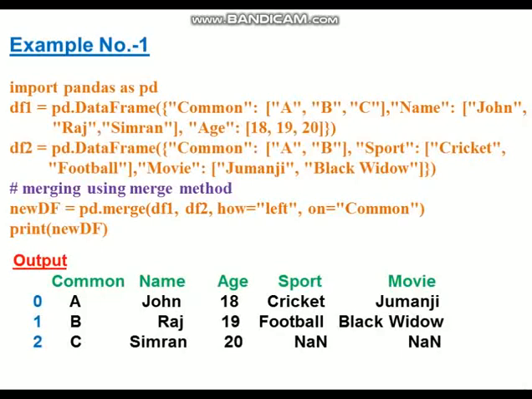Why do sports and movie show NaN in C? Because in the second data frame only two common key values are available. So that's why for the missing data it will display or print the NaN value. NaN represents the missing result, meaning not a number.